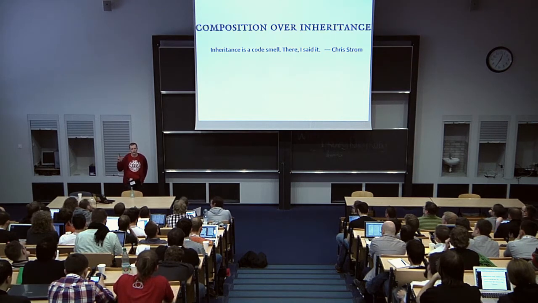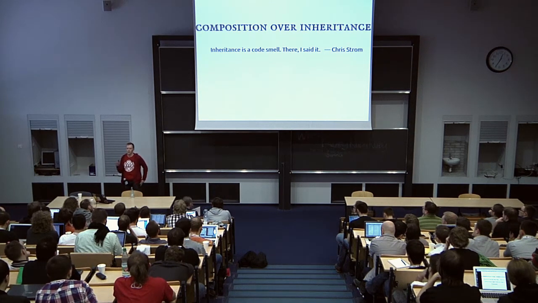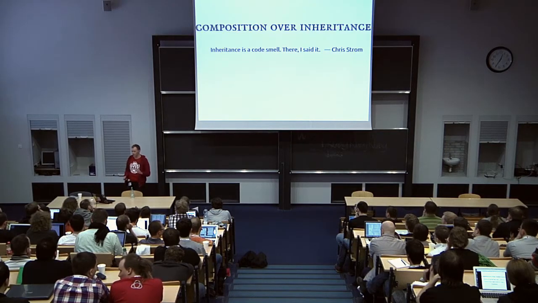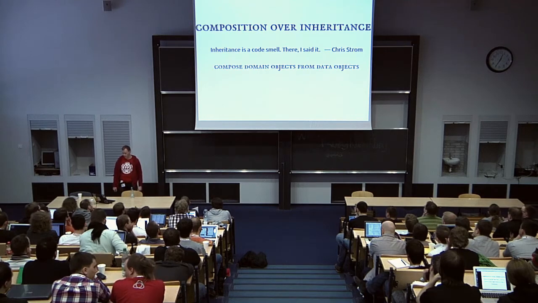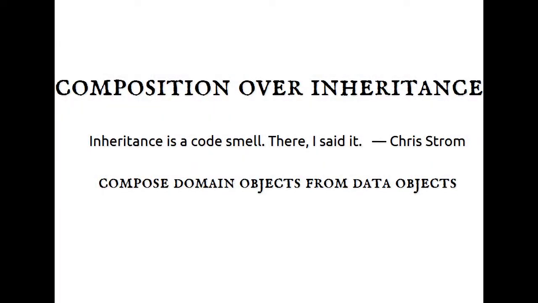If you look at the Rails 4 code base, the ActiveRecord might be mixed in rather than inherited from. So maybe your domain objects do not need to inherit from stuff. Maybe they can be composed of a part that does the persistence and the part that actually does the real work from their point of view. So you can compose domain objects from data objects.